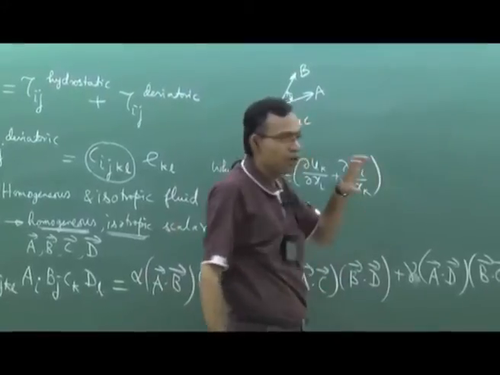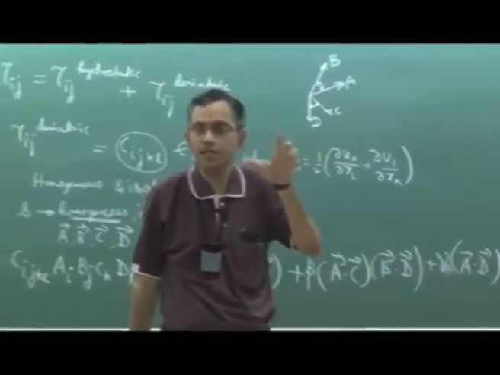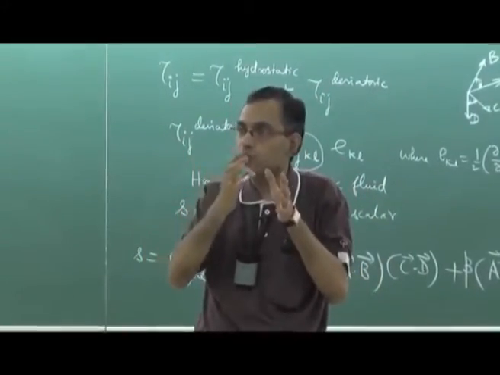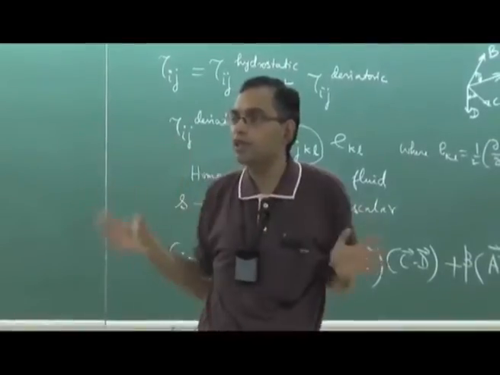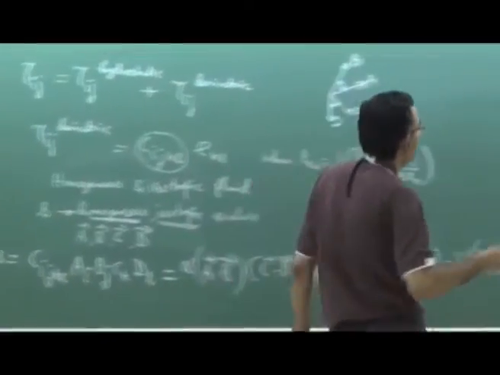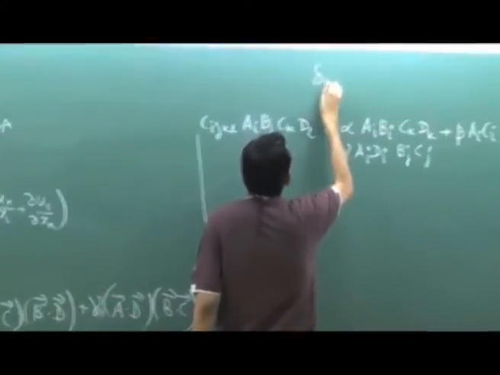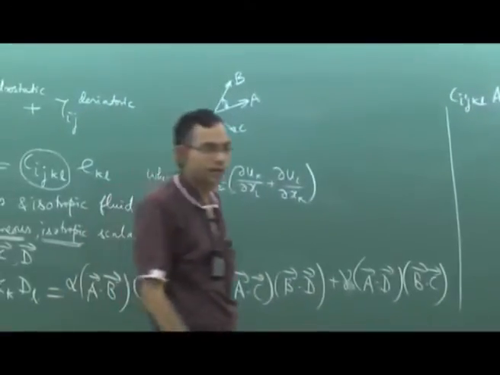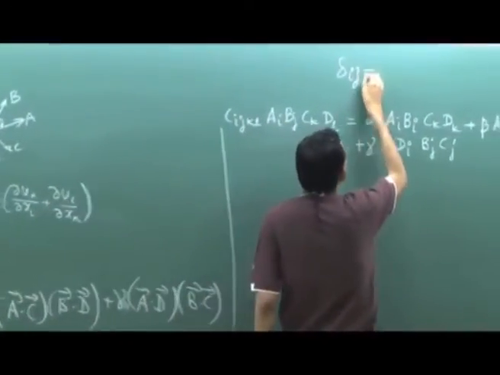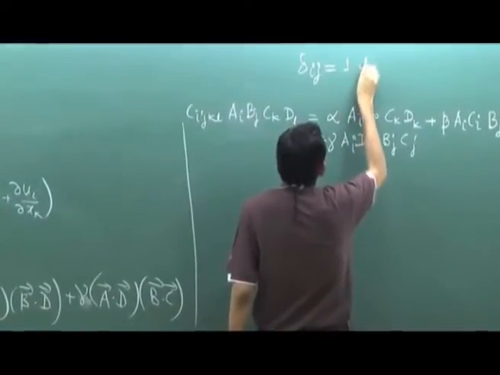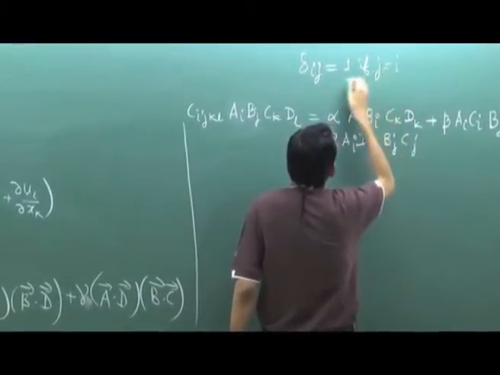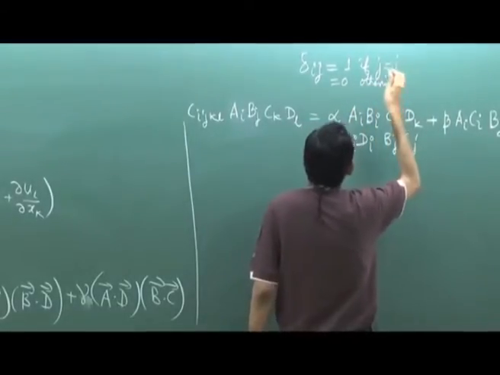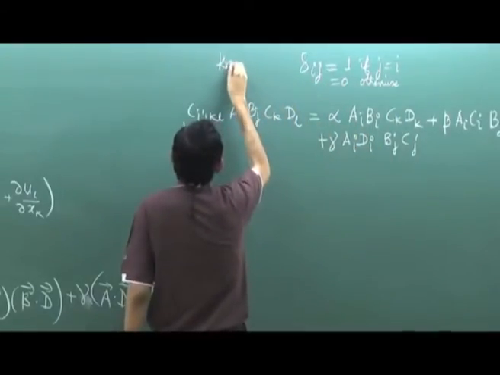Now I will show you a very interesting way of switching the indices. This i, j, k, l you can beautifully switch, from i to j, j to k, k to l, you can play with the indices. How you do that? You use an operator delta_ij which is called the Kronecker delta. So what it does, delta_ij is equal to 1 if j is equal to i and is equal to 0 otherwise.